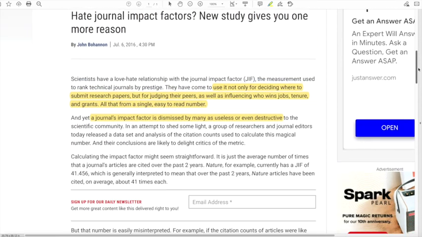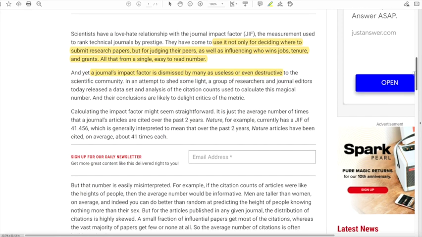And I've highlighted this part at the beginning. It says scientists have come to use it not only for deciding where to submit research papers, but for judging their peers, as well as influencing who wins jobs, tenure, and grants. All that from a single easy-to-read number. And yet, a journal's impact factor is dismissed by many as useless or even destructive.